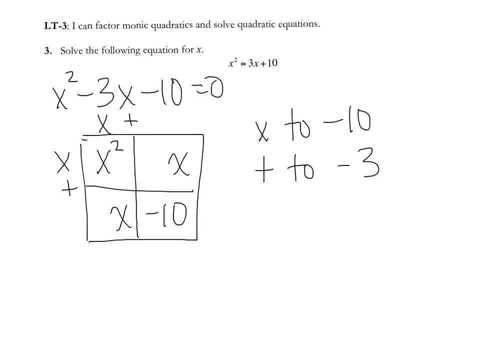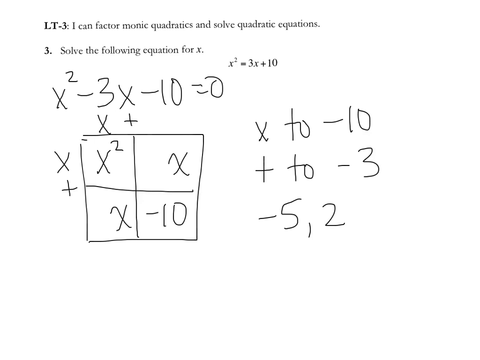So when I think about these, -5 and +2 would work. If we do -5 and +2, that'll multiply to make a -10, and it'll add to make a -3.